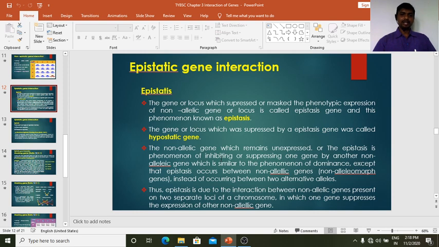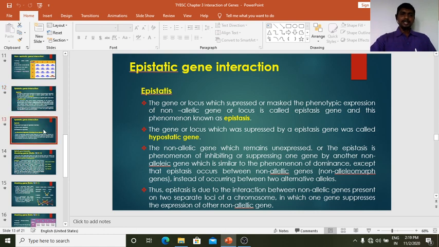So the phenomenon of epistasis comprises inhibiting or suppressing one gene by another non-allelic gene. Epistasis is due to the interaction between non-allelic genes present on two separate loci of a chromosome, in which one gene suppresses the expression of the other non-allelic gene. So this is about epistasis.